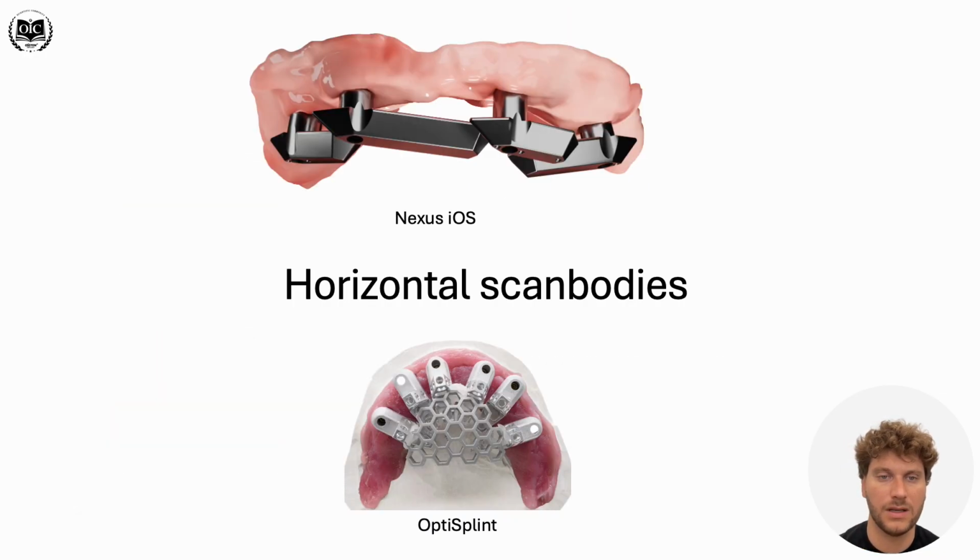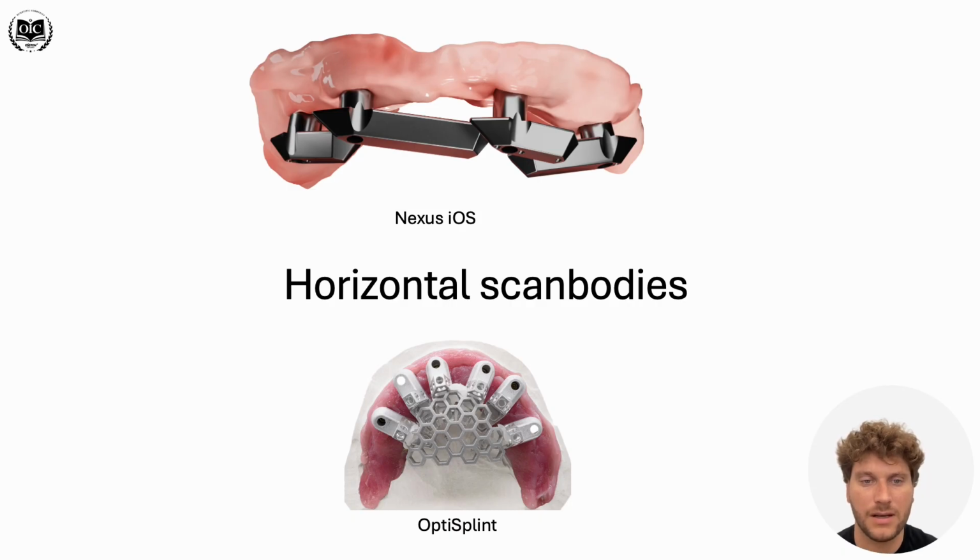The second one is horizontal scan bodies. This is intertwining a bit with the OptiSplint system, where you can splint all the scan bodies not only by digital scan but also mechanically, and have fixed mechanical information about the implant position for the master cast.